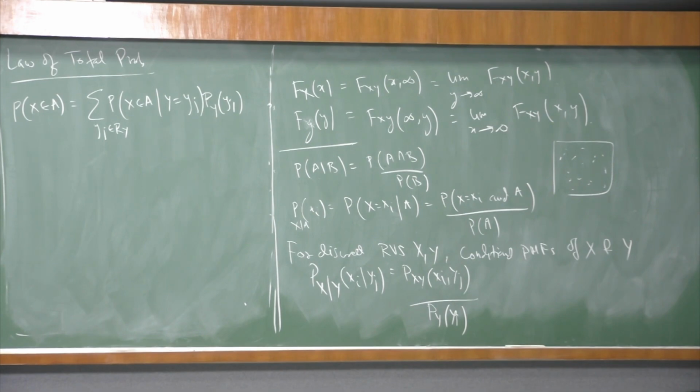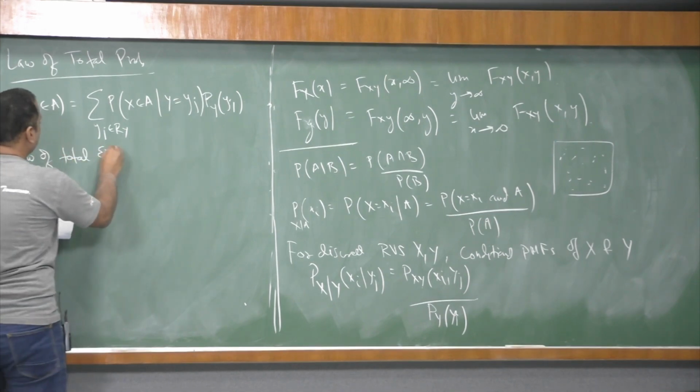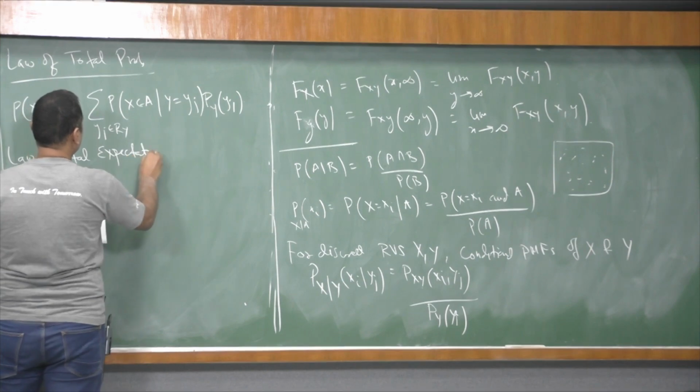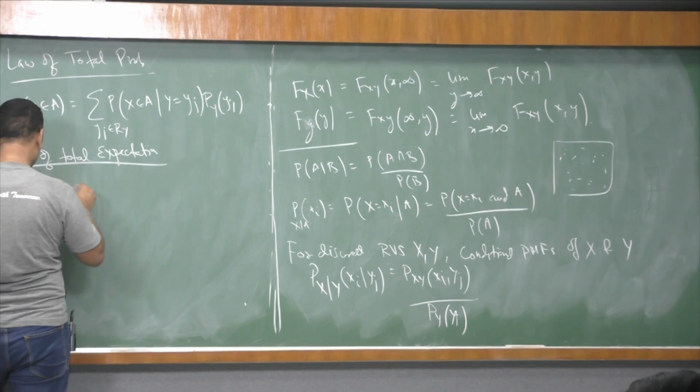Okay, this is the law of total probability, and similarly we have the law of total expectation. Let b1, b2, and so on be a partition of the sample space S. We always need partitions when we use the law of total things.